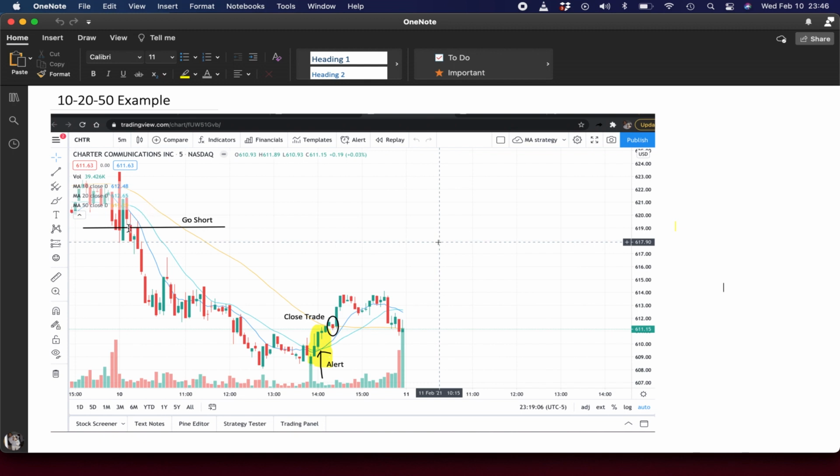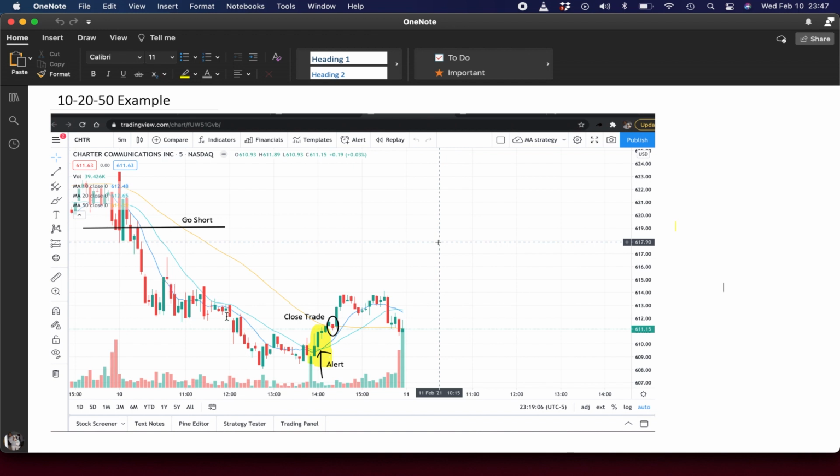Let's say I go short on the stock here. I short sell the stock at, say, $619. Although the line here is 617.9, let's say I short this at 619. Because all the three moving averages are pointing downwards, it's a great sign to go short. Now what we'll be watching here is the 10 period moving average very closely.